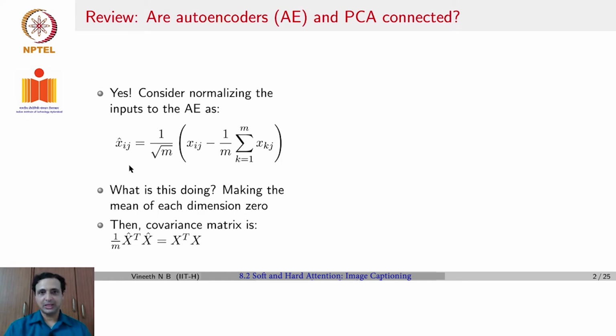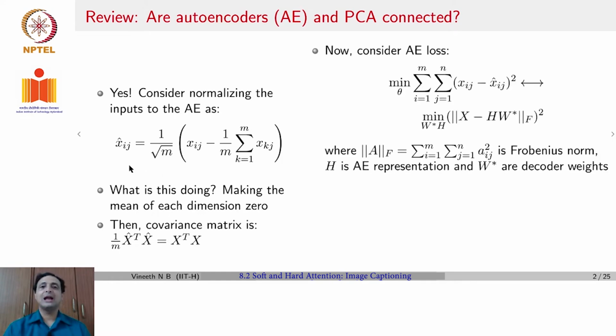Given this pre-processing, let's look at the autoencoder loss. Let's say the parameters of your autoencoder are summarized as theta. The loss is the mean squared error between your reconstruction and the original input. One can also write this loss in terms of x as x minus H W star, Frobenius norm whole square.